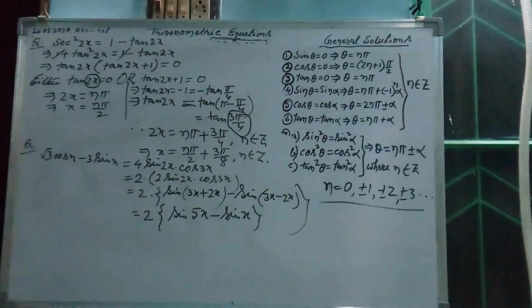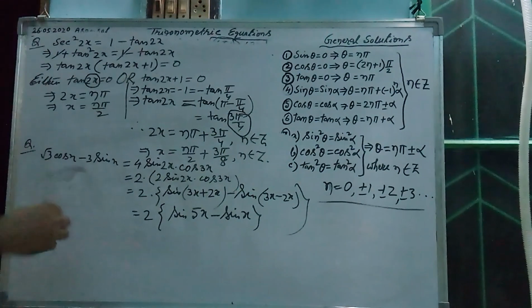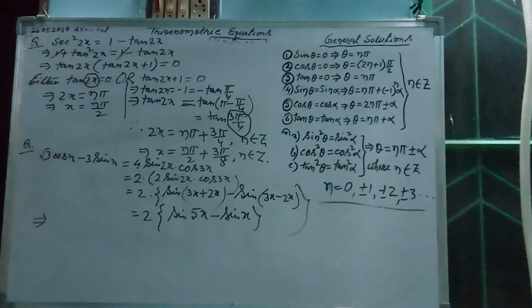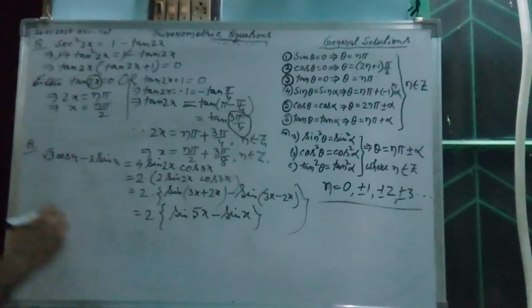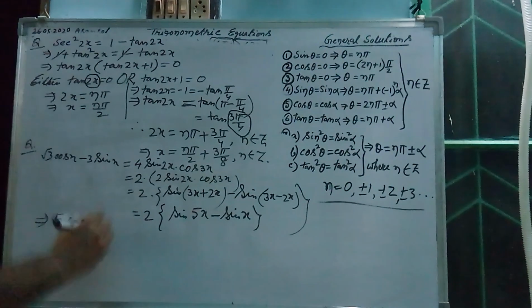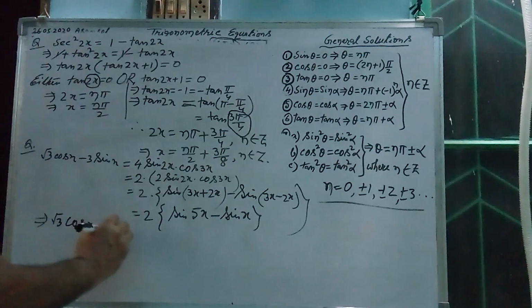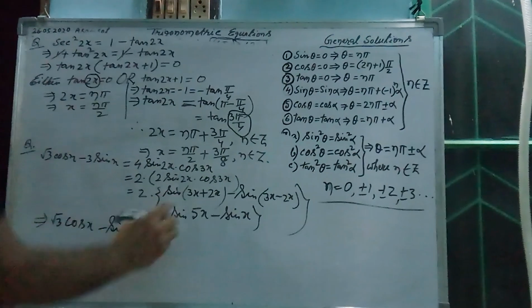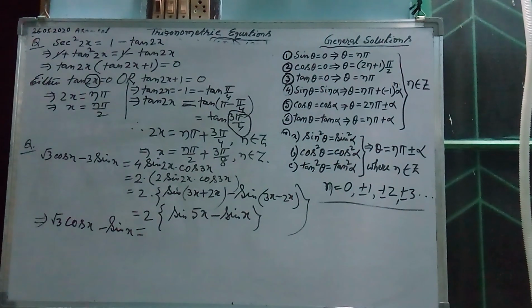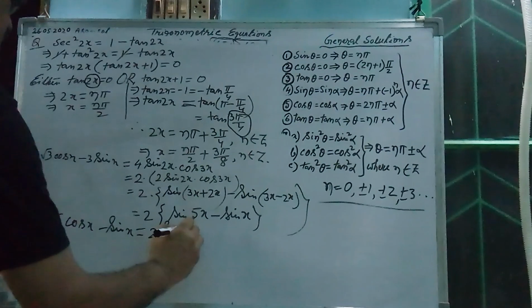This implies root 3 cos x minus 3 sin x, here plus 2 sin x, minus 2 sin x. If we simplify, we will get root 3 cos x minus sin x is equal to 2 sin 5x.